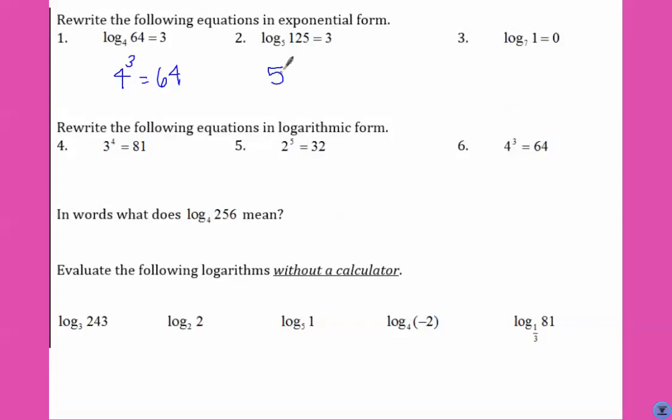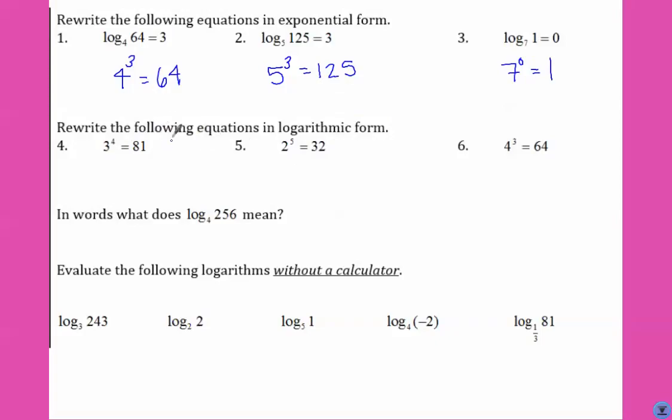That would be 5 to the third equals 125. And if log base 7 of 1 equals 0, then we know 7 to the 0 power equals 1. And your way of checking all of these is type 4 to the third in your calculator. Type 5 to the third on your calculator and type 7 to the 0 power. You should get 64, 125, and 1.